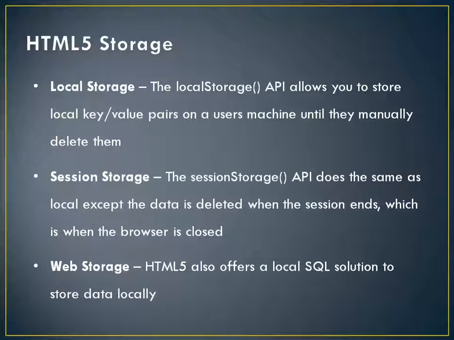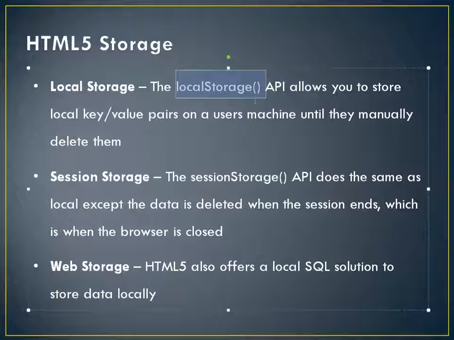Lastly, we have HTML5 storage. Like I said, it works kind of like JavaScript cookies, but much easier, stores more data, and is faster, so I would definitely suggest using this over cookies. We have basically the local storage API.